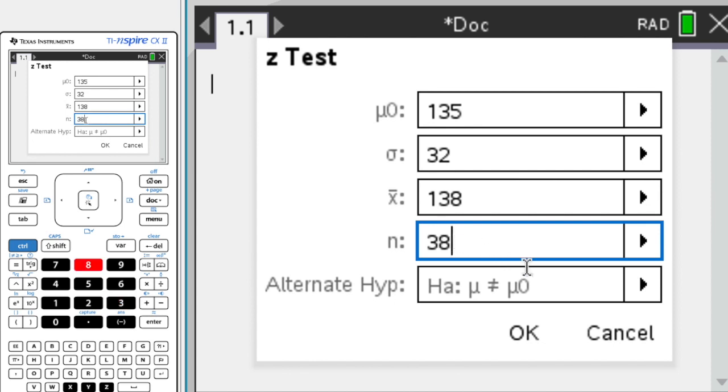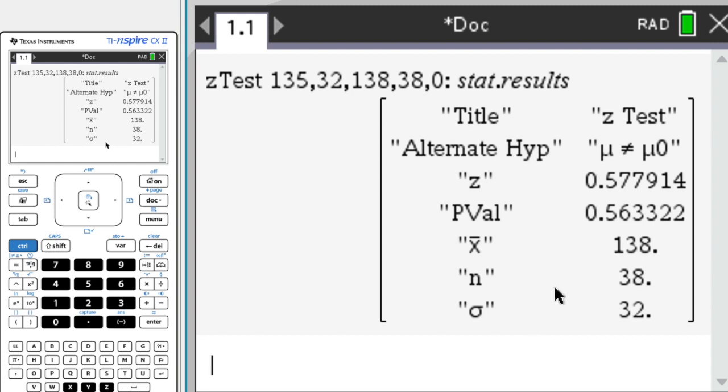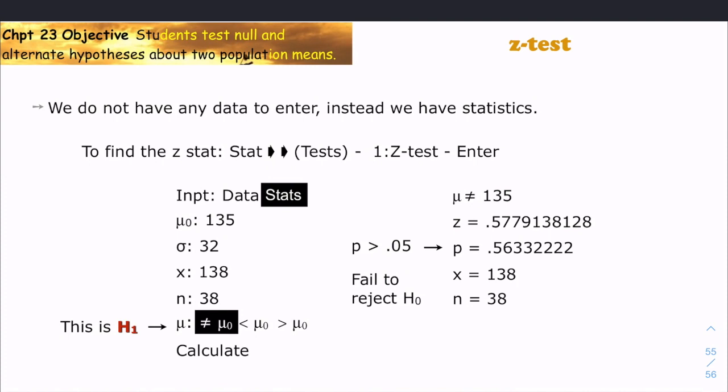We are going to say that they're not equal, so that's our two-tailed alternate hypothesis, and then we hit enter. And we get a z-value of 0.577, which means the p-value for this test would be 0.5633, which is clearly above our significance level of 0.05, which would lead us to fail to reject the null hypothesis.